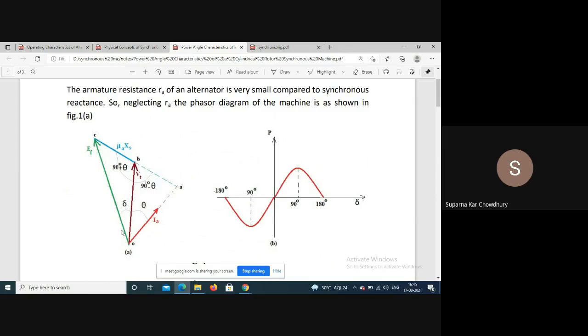So this is your phasor diagram: this is the terminal voltage, and it is supplying a current Ia. So Vt plus Ia Xs is your excitation Ef.